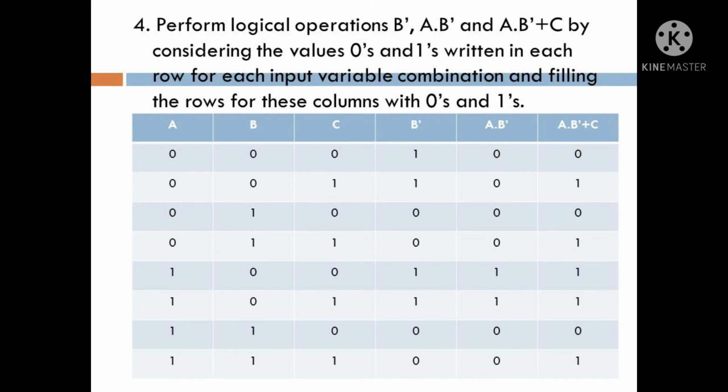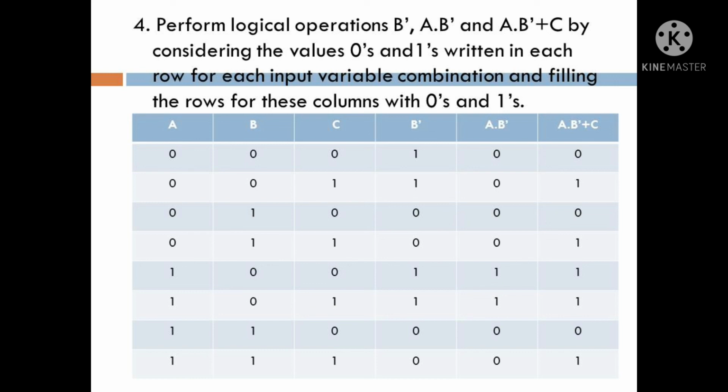Then the next expression is a dot b complement plus c. Then we want to consider the columns c and a dot b complement. In the OR operator, if any one of the inputs is 1, the output will be 1.